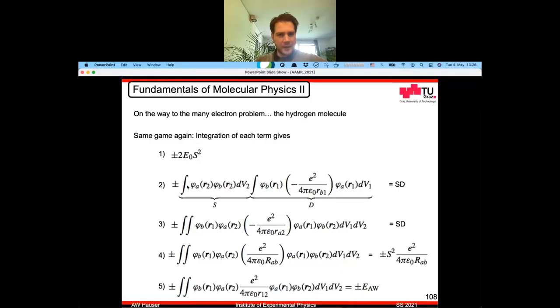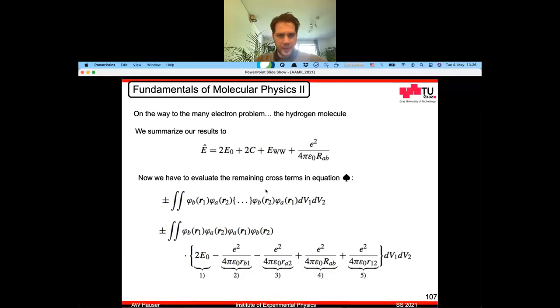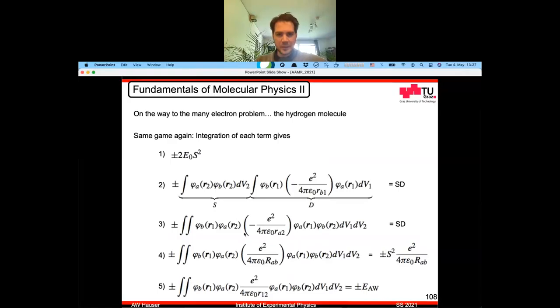And if you look now at the other terms that appear, we have the 1 over R B1, so this is this cross term of electron 1, which originally belonged to atom A, interacting with the nucleus at position B. So this is an operator that obviously depends on the coordinate of the first electron.